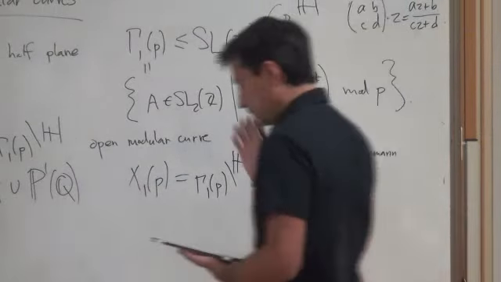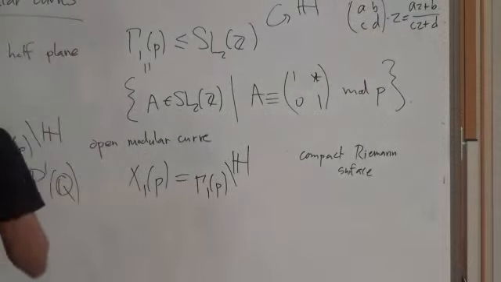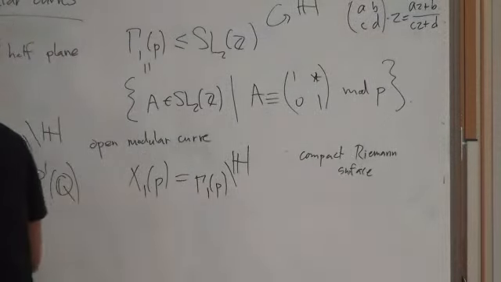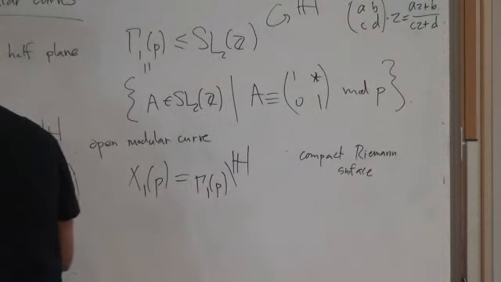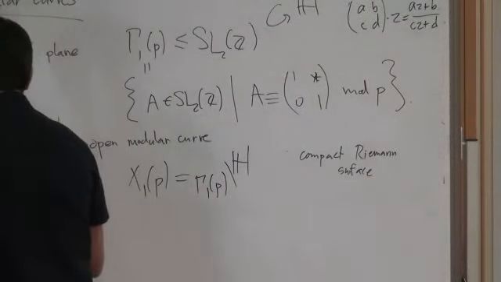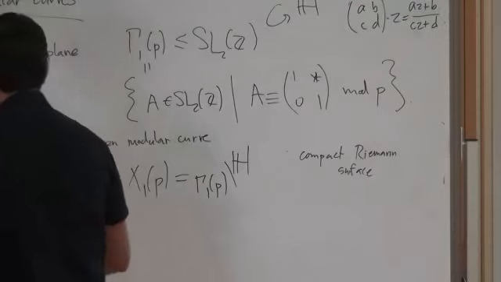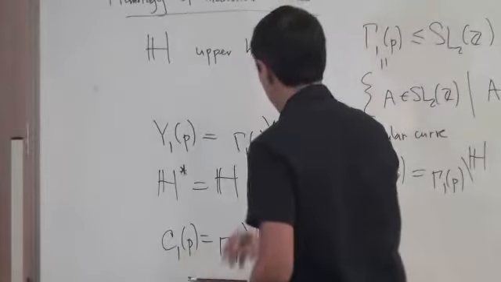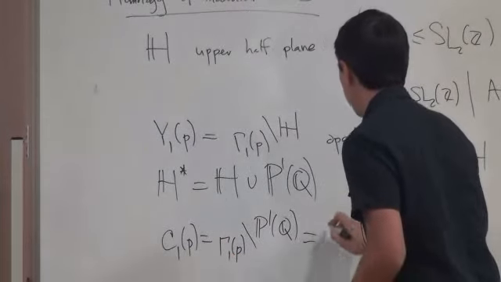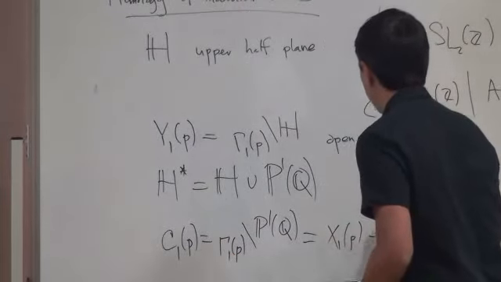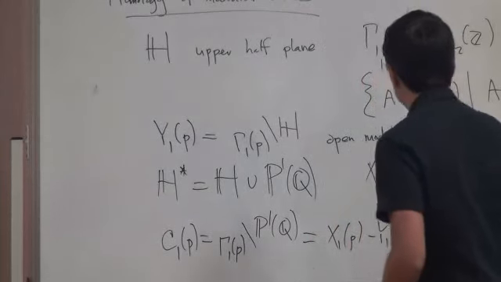Now I'll just introduce some non-standard notation here. So C1p will be the cusps. So it's the complement: if I consider the quotient of P1Q by gamma 1p, that's X1p minus Y1p. Those are called cusps.